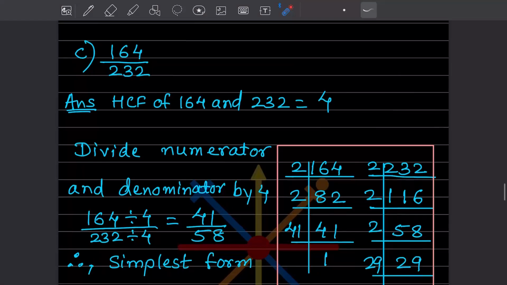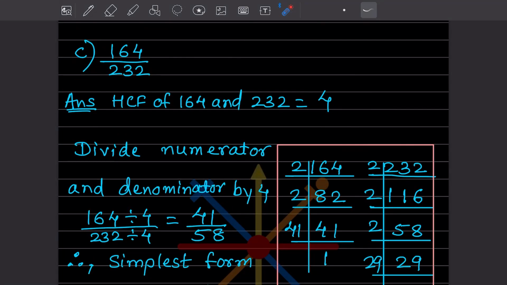Now for the next one, 164 and 232. Here are the factors of this. You don't have to think of 41 further, because even if it looks big, it's a prime number, so we cannot factorize it further. Same over here.